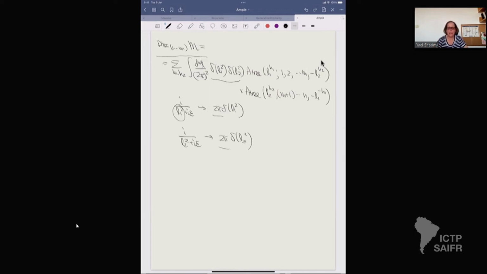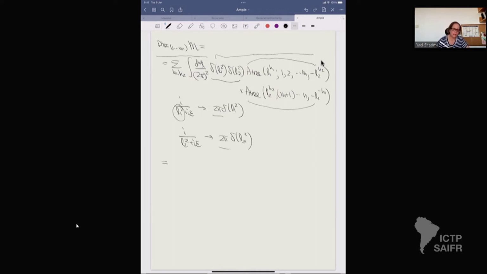It's given by a product of two tree amplitudes like this. But now the point is that you can say, instead of writing this in this way, let's just restore it to its original form and look at the discontinuity in the integrand itself, whatever is under the integral.